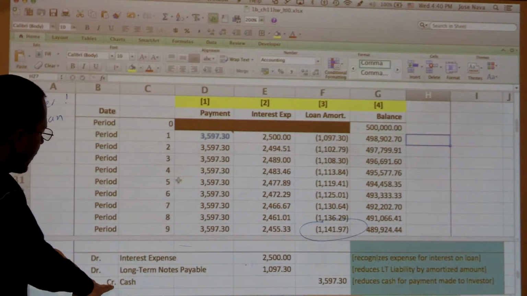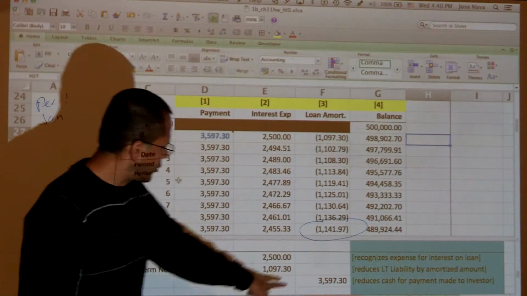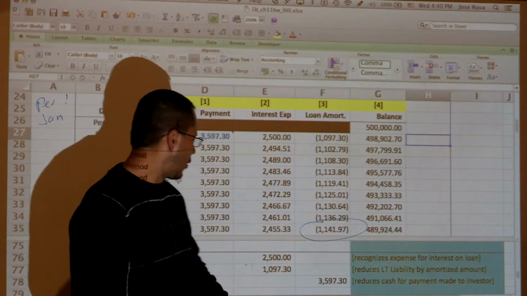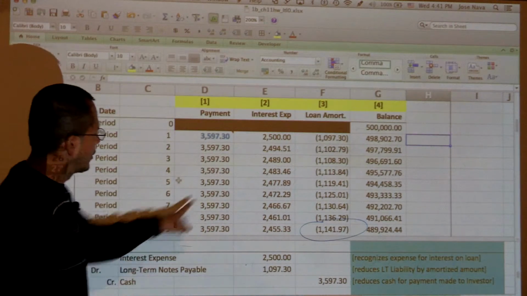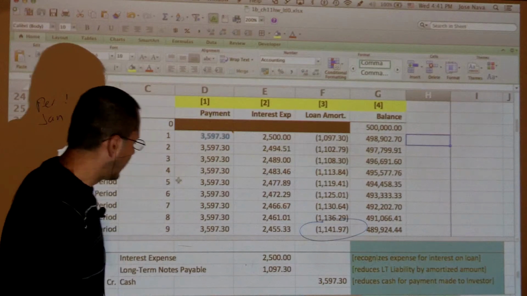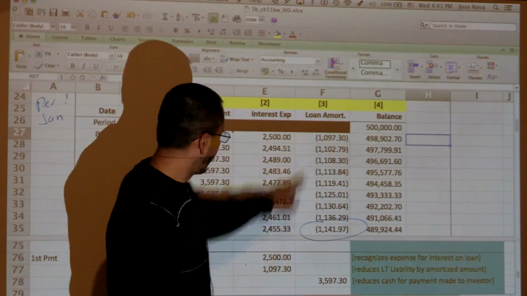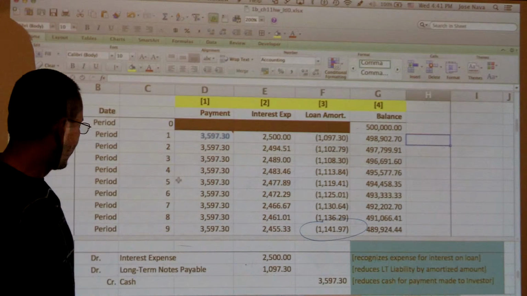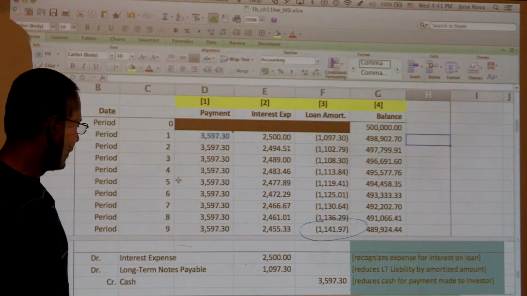So the cash payment is simply the payment that comes from this column. So you see cash going down, or credited, for $3597.30. The interest expense comes from column number 2, and we already figured out that it will be $2,500. And the difference, the pay down, will be what you use to pay down the balance of that long-term payable account, and that's the reason you have a debit to that account there.